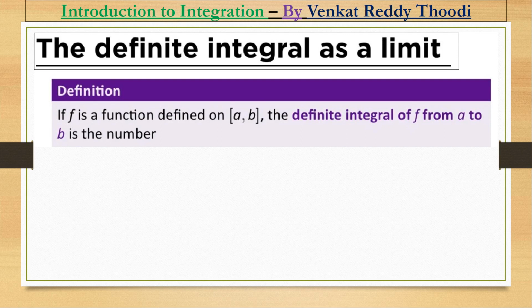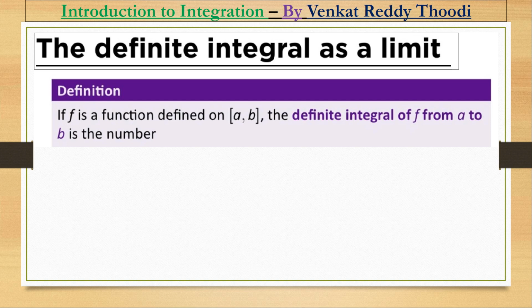The definite integral as a limit: as we have shown before, if f is a function defined on the closed interval a comma b. Why are we taking a closed interval? Because the endpoints are included. As we know, we have two types of brackets, open and closed, and here these two values are included.